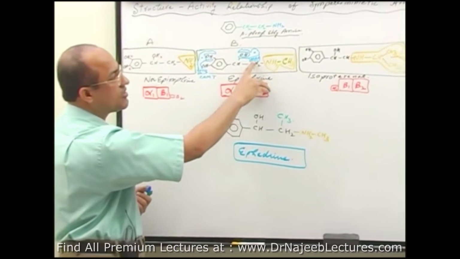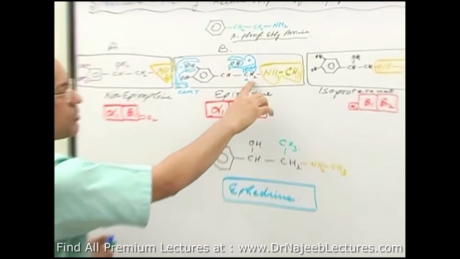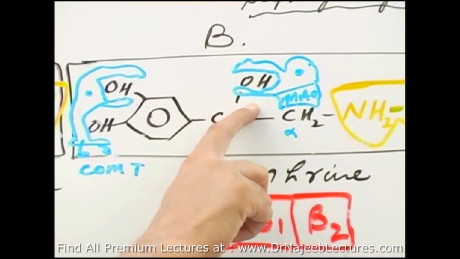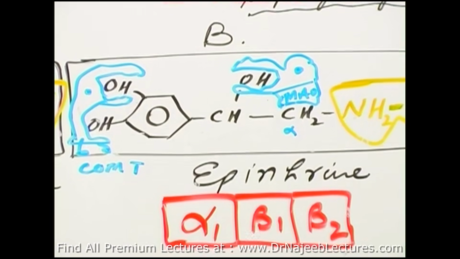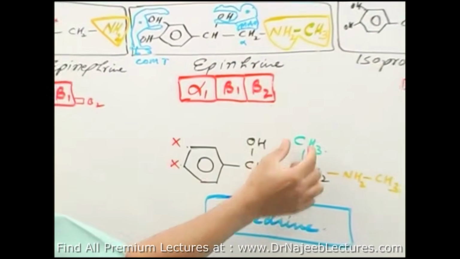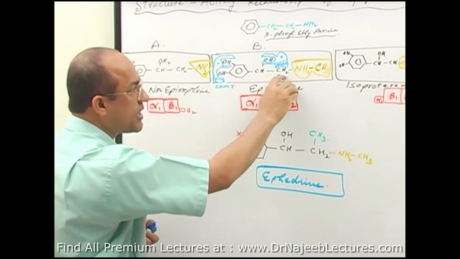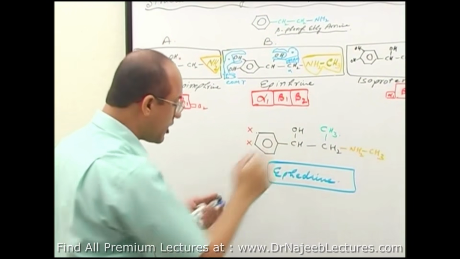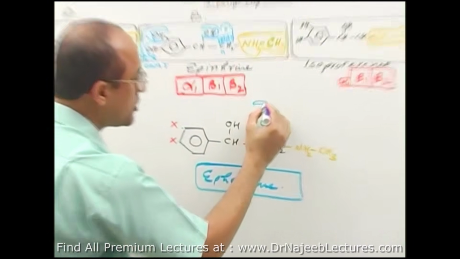Monoamine oxidase enzyme sits on the alpha carbon, and then oxidizes it. Now when we put methylation here, this enzyme cannot bind with the compound because monoamine oxidase binds here. Because monoamine oxidase cannot bind there, its mouth is closed.